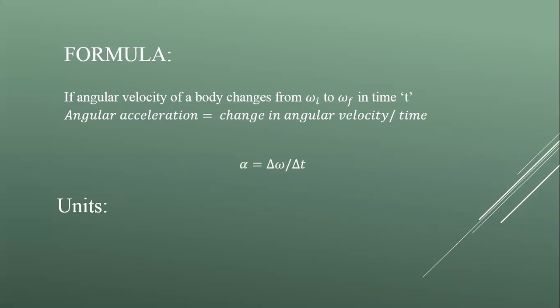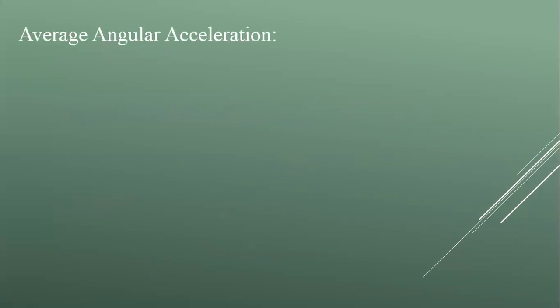Alpha becomes equal to delta omega over delta t, and its unit is radian per second square, and the other units are revolution per minute square and degree per second square. These are the units to measure angular acceleration.